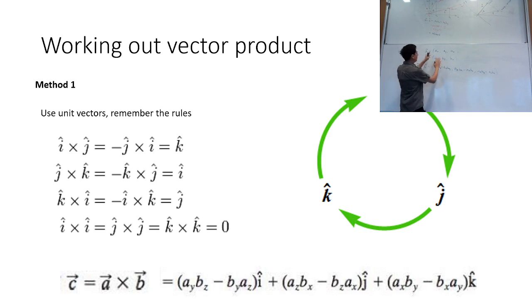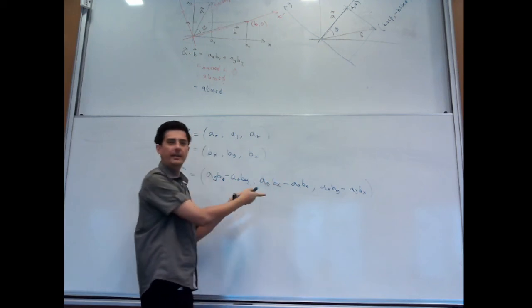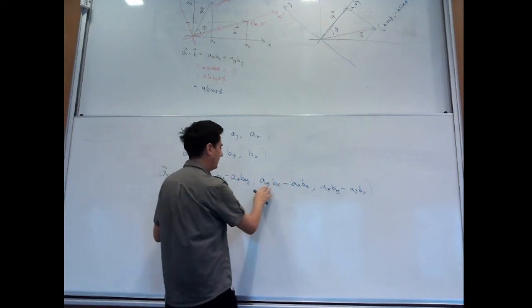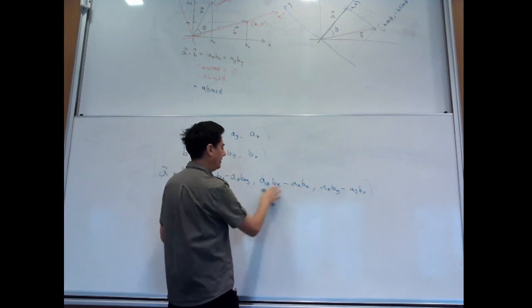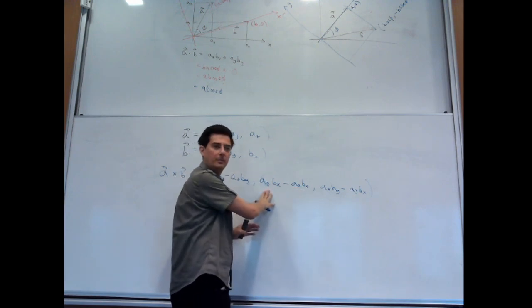You can try and remember the rule as I described it, but even I don't have confidence that I'll get it completely right. Particularly where you might mess things up is to have the wrong sign here, right? So you might accidentally have ax bz minus az bx here, for example.